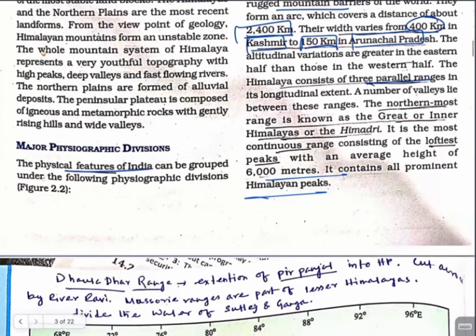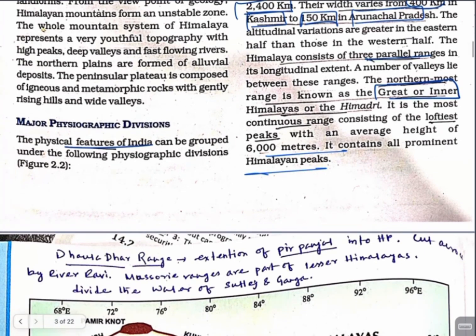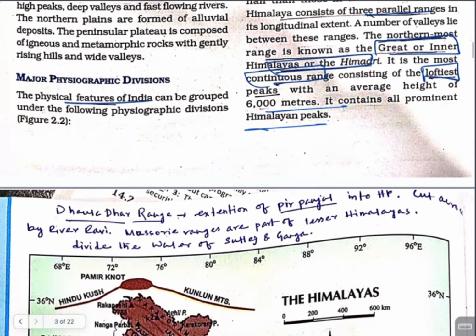The northernmost range is called the Greater or Inner Himalaya. We will look at it in a map. It is also called Himadri, and it is the most continuous range consisting of the loftiest peaks. The highest peak in the Greater Himalaya is Mount Everest.